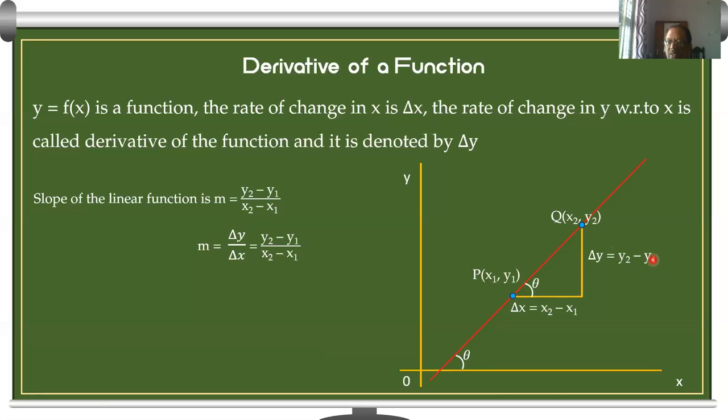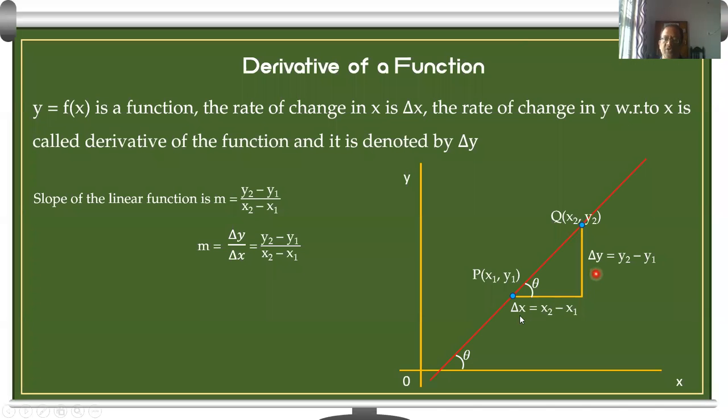The ratio of these two, the change in y to the change in x, the slope, becomes y2 minus y1 by x2 minus x1. y2 minus y1 is delta y, and x2 minus x1 is delta x, the small change in x and the small change in y. It is nothing but the derivative.